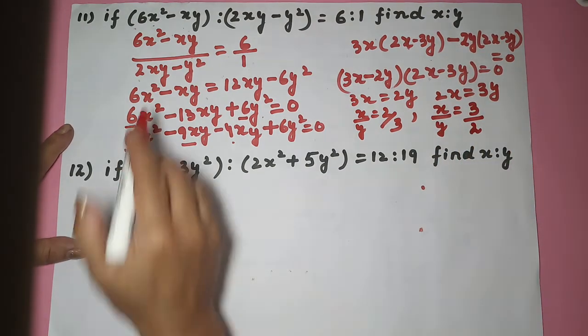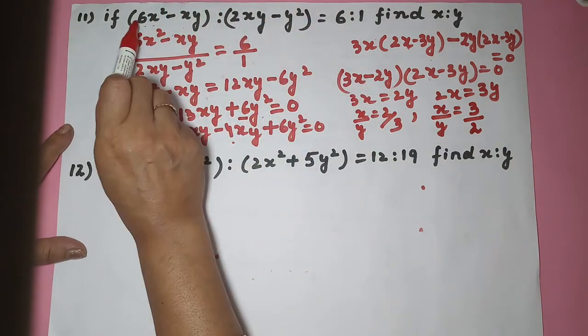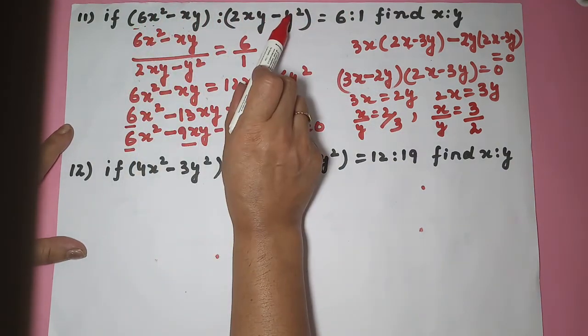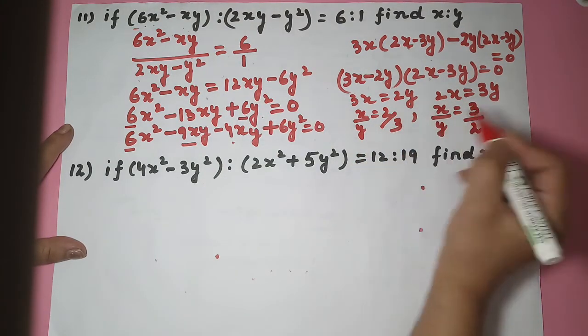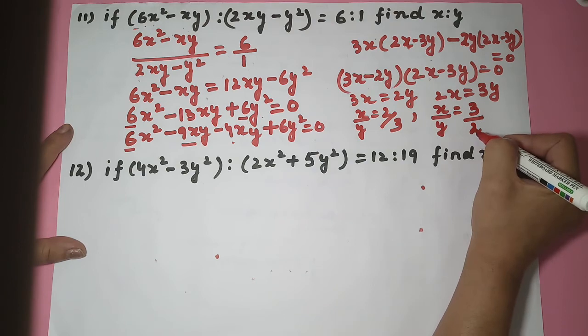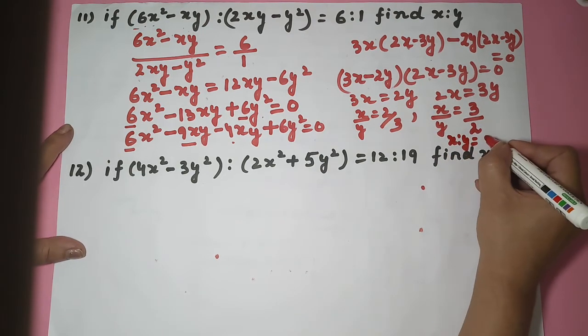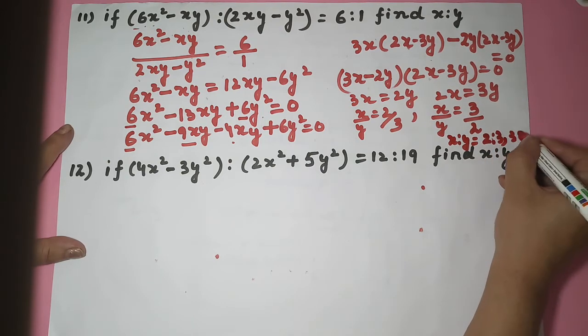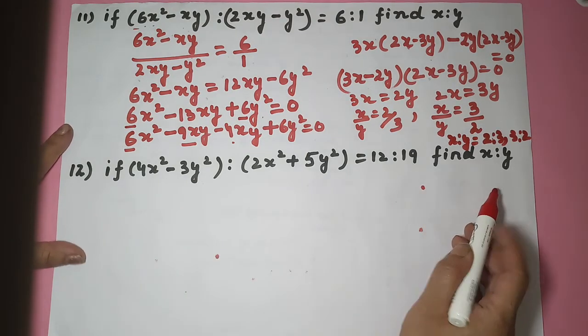Which is obvious because you are going to get two ratios here because your ratios are given in square form. So your x by y is having two values. One is 2 by 3, another is 3 by 2. So you can write that x is to y is equal to 2 is to 3, comma 3 is to 2. Right?